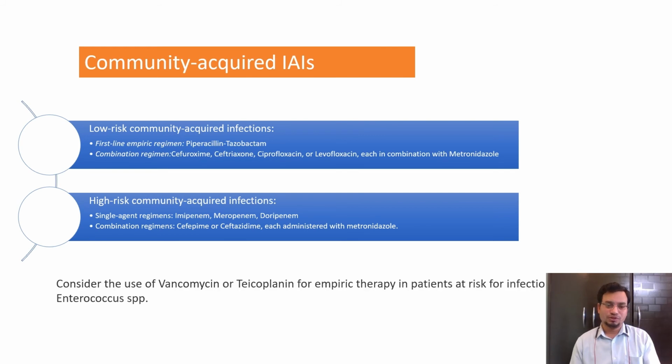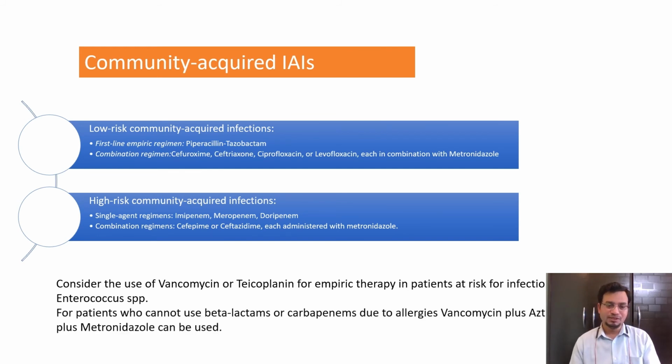intra-abdominal infections groups. So consider the use of vancomycin or teicoplanin in patients where you suspect VRE or you suspect MRSA. In such cases, you have to start vancomycin or teicoplanin. And in patients in which you cannot use BL/BLI or carbapenem combinations due to allergies, vancomycin plus aztreonam plus metronidazole can be used.